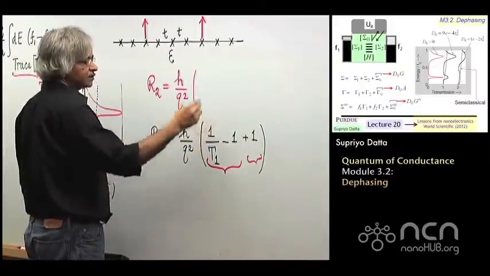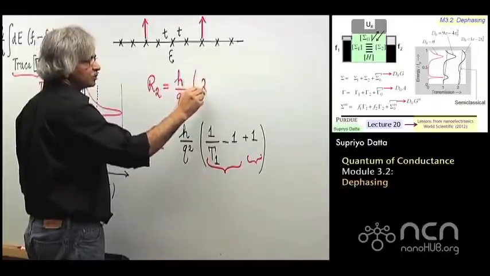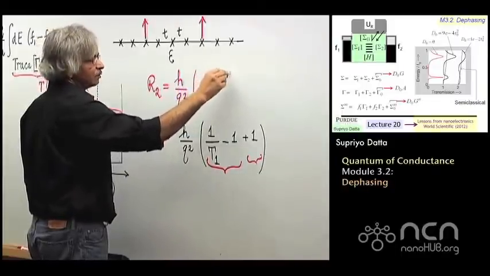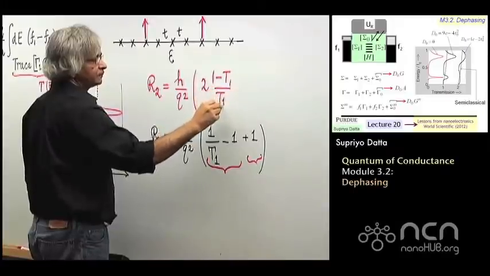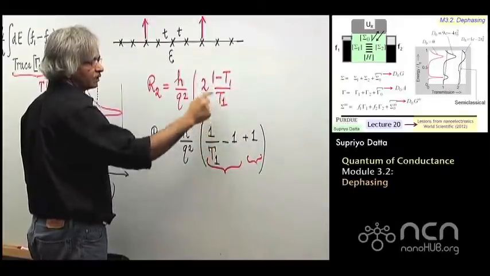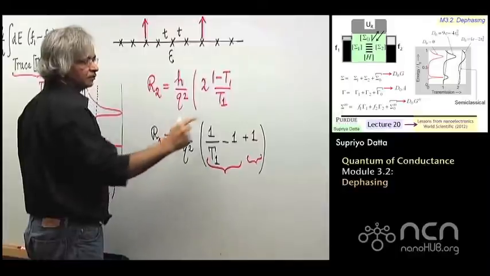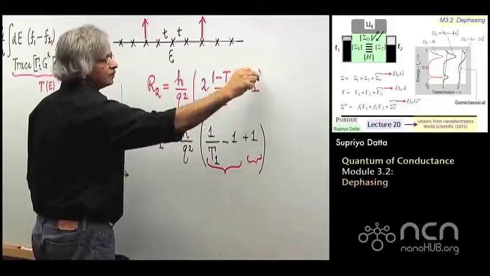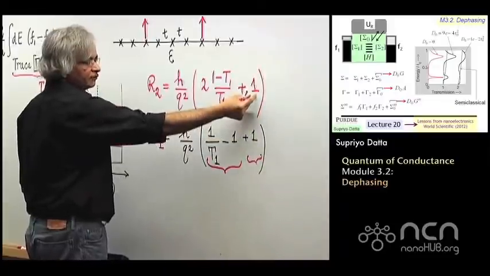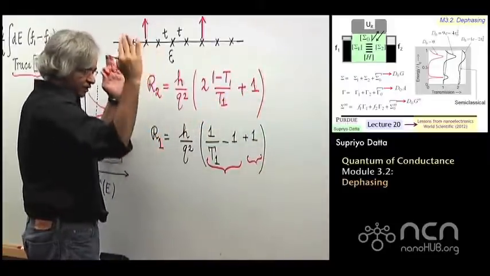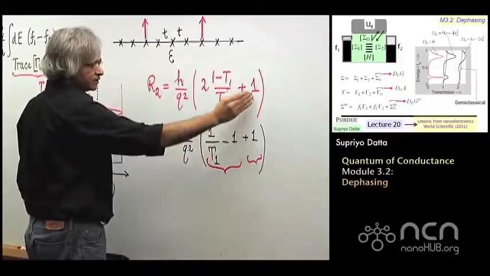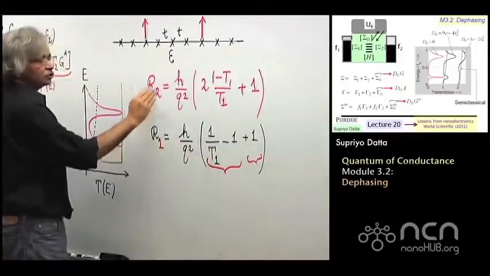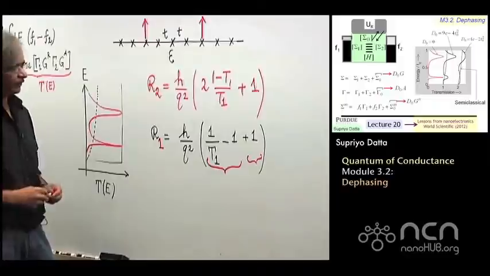So you'd have 2 times (1 minus T1) over T1. You see, 1 over T1 minus 1 you could write as (1 minus T1) over T1. And then plus whatever the interface resistances, which are of course the same interface resistances here. So with R2, you'd expect something like this.